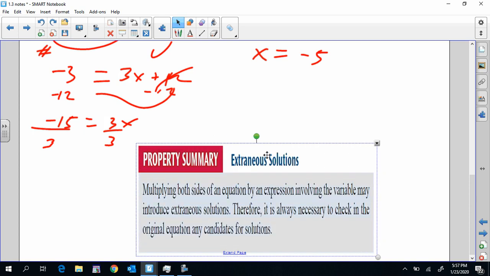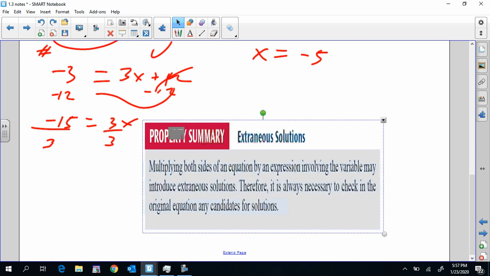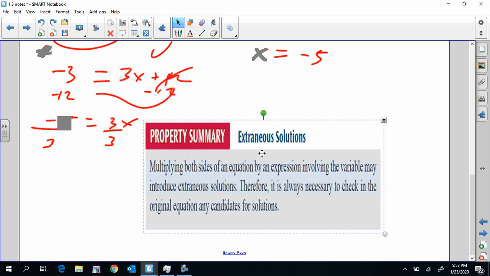Anytime we multiply both sides of an equation by something that has a variable in it, we multiply by those binomials, anytime that happens, it may. Does it say it will? No, it says it may introduce extraneous solutions.